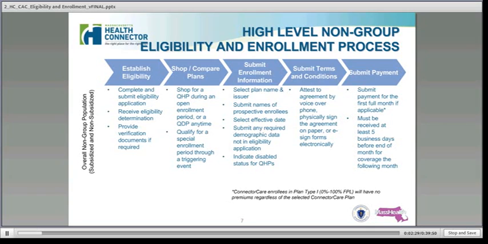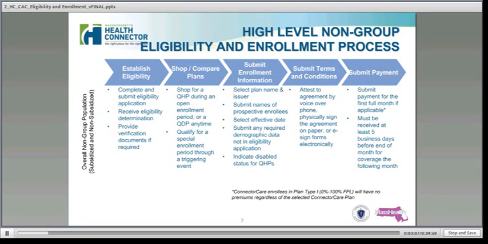They need to submit some enrollment information, submit terms and conditions, and then submit payment. For our Health Connector members, this submitting payment piece is incredibly important, so I just want to put that in the back of your mind. During this presentation, we're going to go through each of these segments in much greater detail, but as you're training your staff, this might be a good visual that you might want to print out and have them pin up at their desk, because it gives them a nice reference.